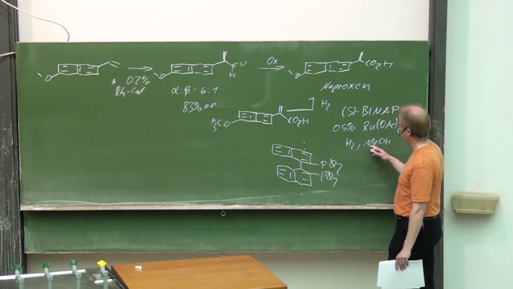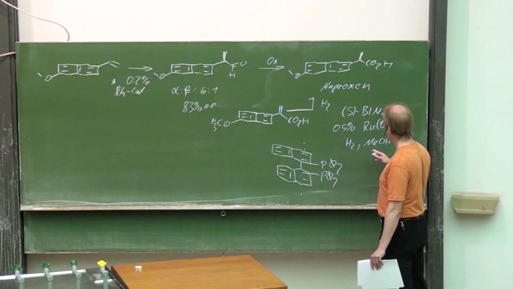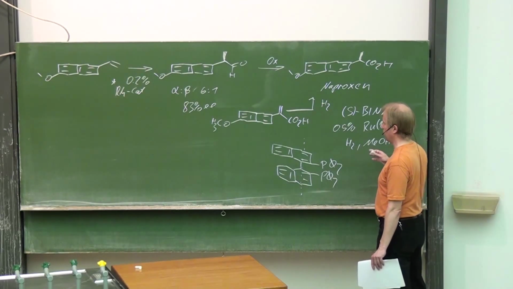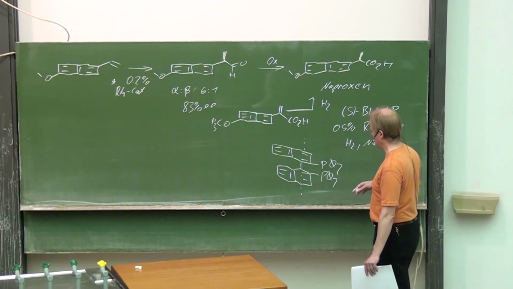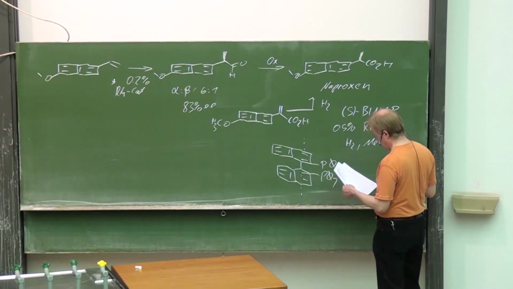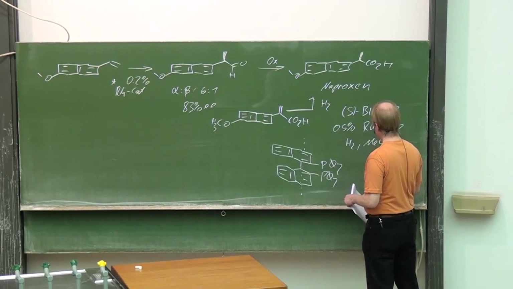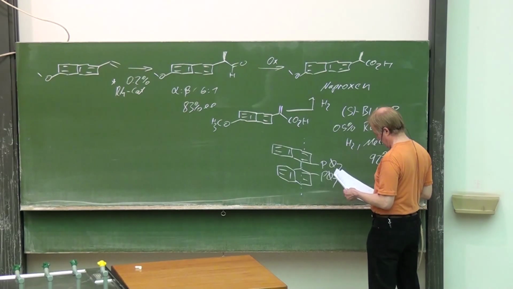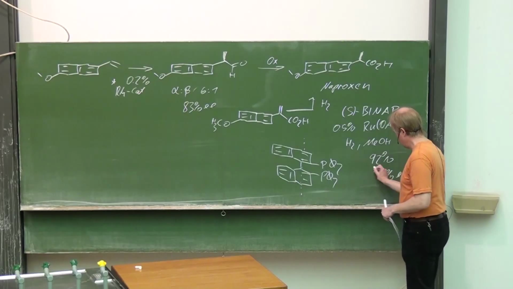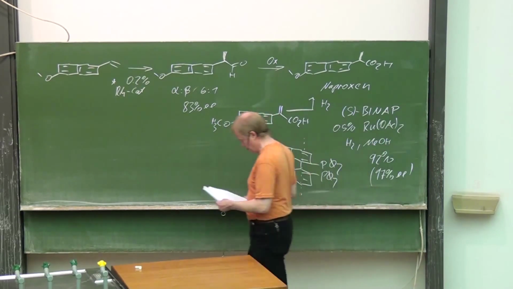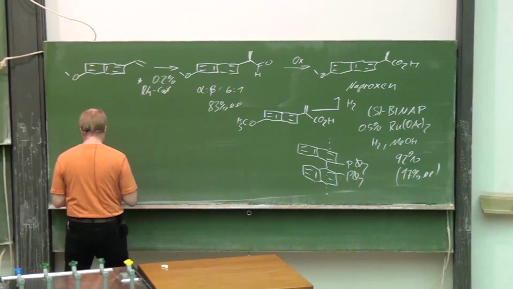So, rhodium as well as ruthenium BINAP complexes are known for enantioselective hydrogenation reactions, and 92% yield of naproxen is reported with 97% enantiomeric excess, which is quite good, of course.